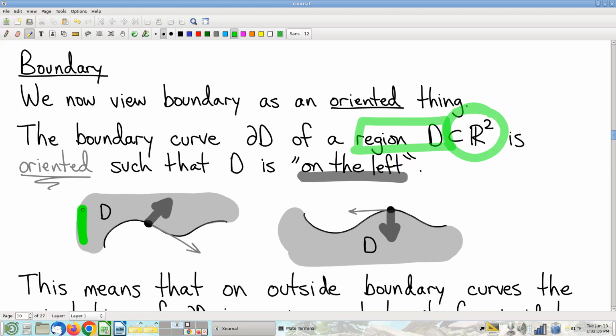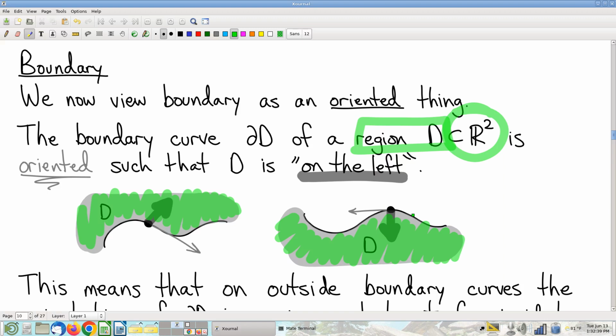So we're going to imagine that we have a two-dimensional region here. Maybe this. I'm just looking at the bottom of some two-dimensional region, and you can see the boundary curve there. Or maybe up here, this is the top of some other two-dimensional region, and here we're looking just at that top part of the boundary.